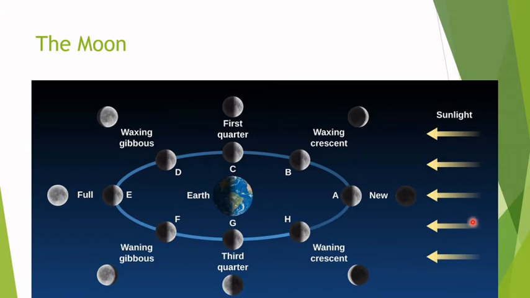Always taking into account that we are always seeing the same face of the moon, because the moon has the same period of rotation and revolution. What happens is that it's always the same face of the moon that's looking towards the Earth. So we've got one face that we see and one face that we don't see.